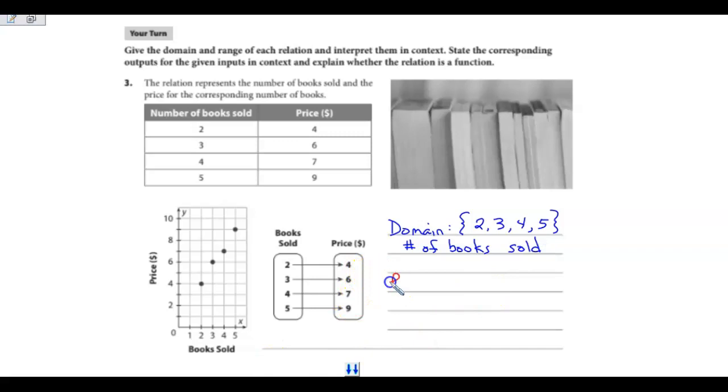My range represents the price. Is this a function? Yes, it's a function.